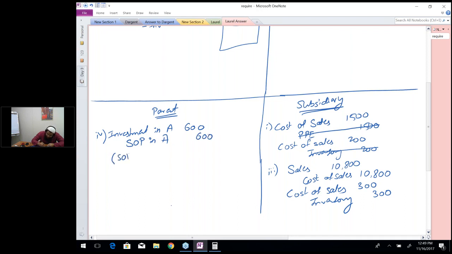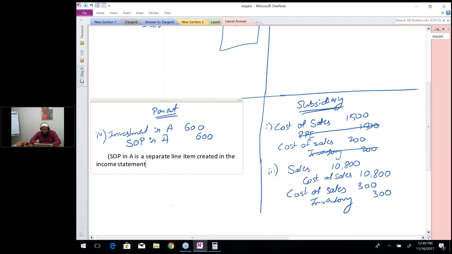Now this share of profit in associate is basically a separate line item. I'm writing in the brackets that share of profit in associate is a separate line item created in the income statement before the profit before tax.